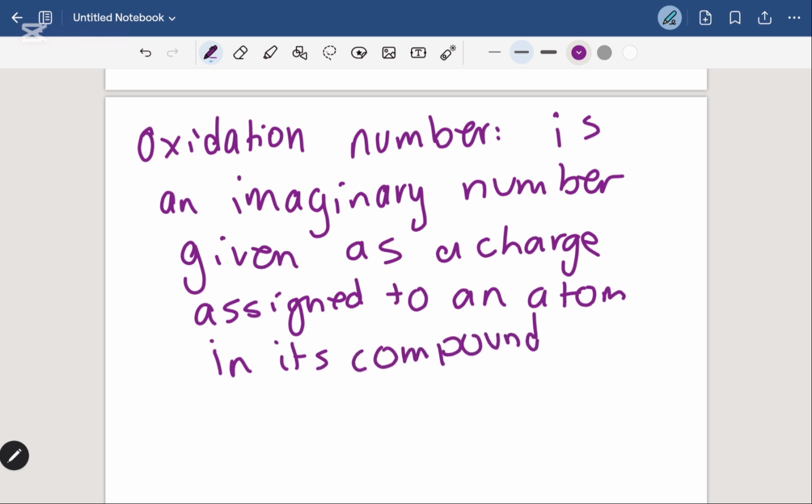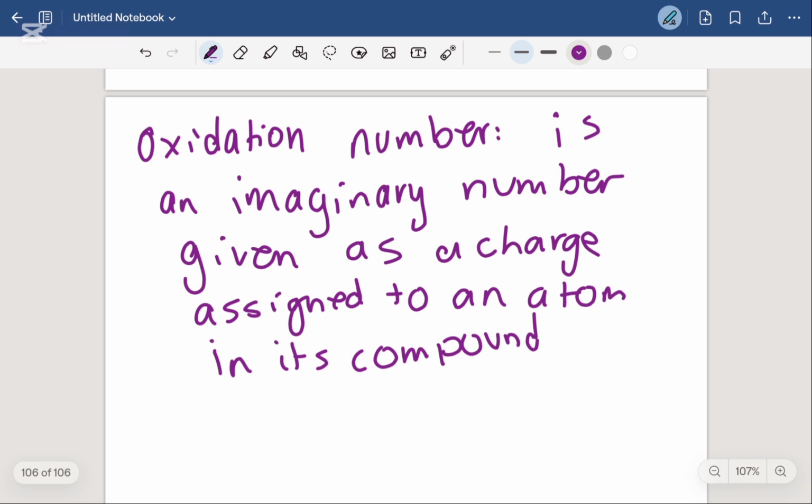So this is a very simple definition. I will repeat the original definition: oxidation number is a fictitious charge that is assigned to the atom when pairs of electrons shared between it and other atoms are counted according to certain rules. In a very simple definition, oxidation number is an imaginary number given as a charge assigned to an atom in its compound. Now, why did I say in its compound?